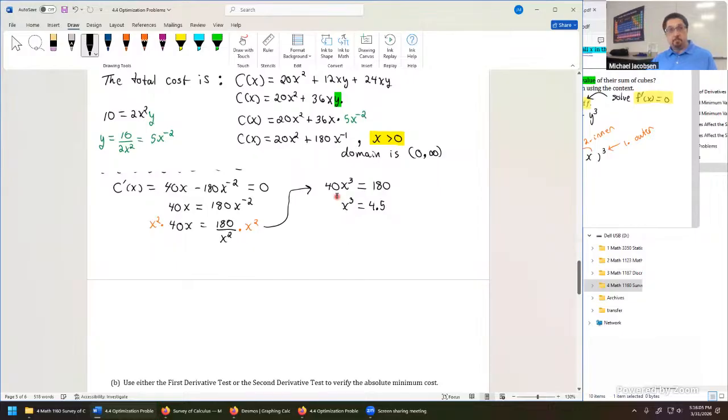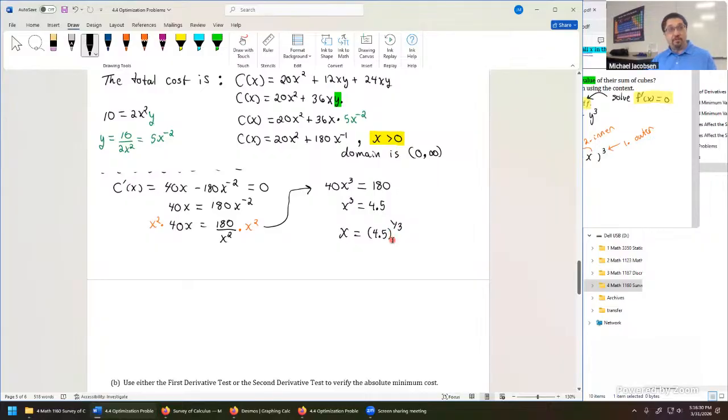Still not solved, but to solve this, you just take the cube root of both sides. You can either write it in radical notation, or I'll write it this way: x equals 4.5 to the power of 1/3, same as taking the cube root. I think this will be slightly more advantageous for us because we eventually have to take that x and put it back inside the cost function to find the minimum cost.